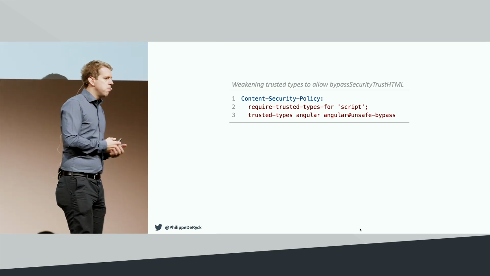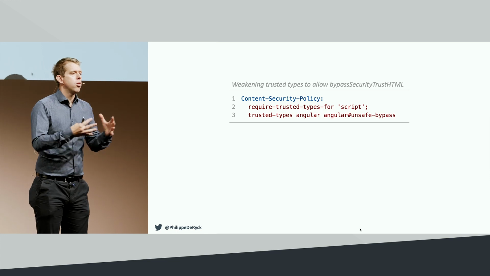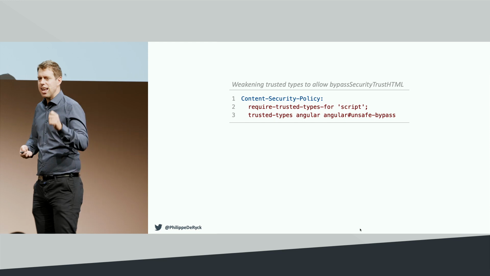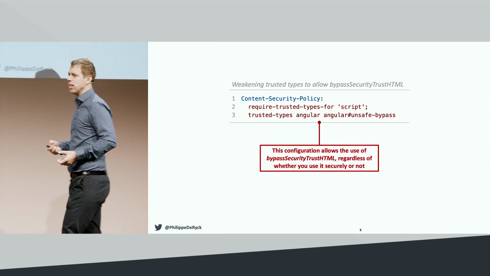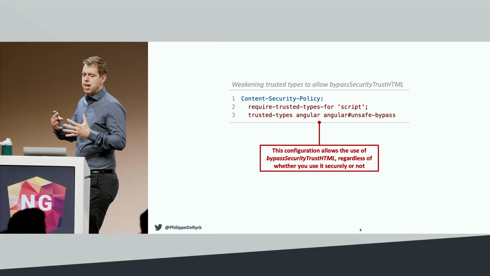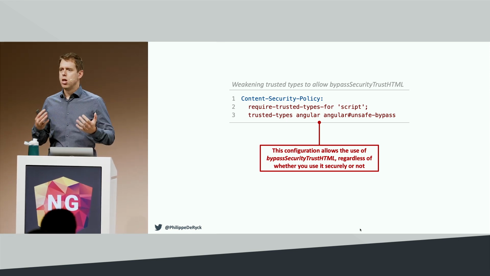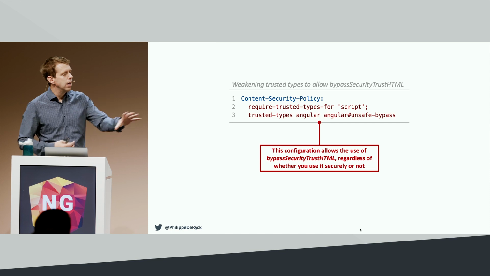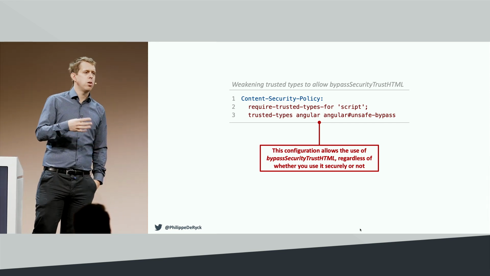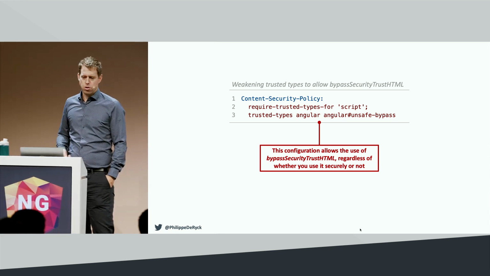And it re-enables bypass security trust HTML, but it cannot protect you against dangerous uses. So that means you have to vet every use yourself before you enable that to make sure that you use bypass security trust HTML in a legitimate way, in a safe way. That's essentially your responsibility now. So I don't really recommend enabling this unless for these very specific odd cases where you have no other way to get done what you need to get done.